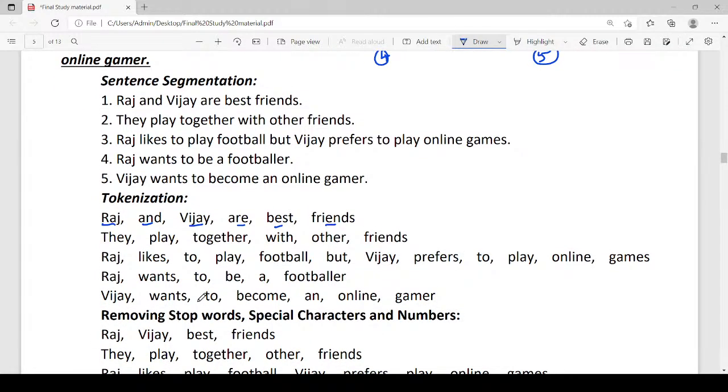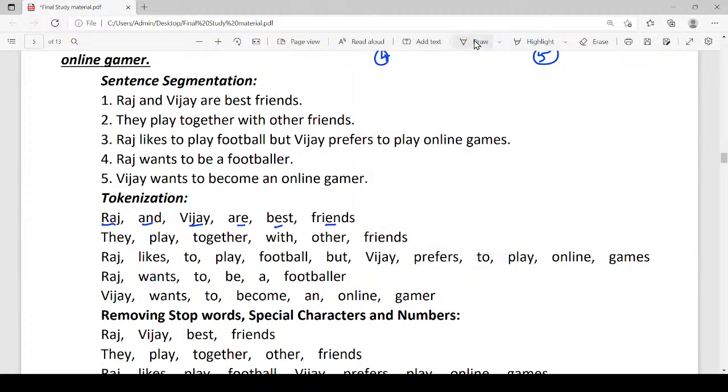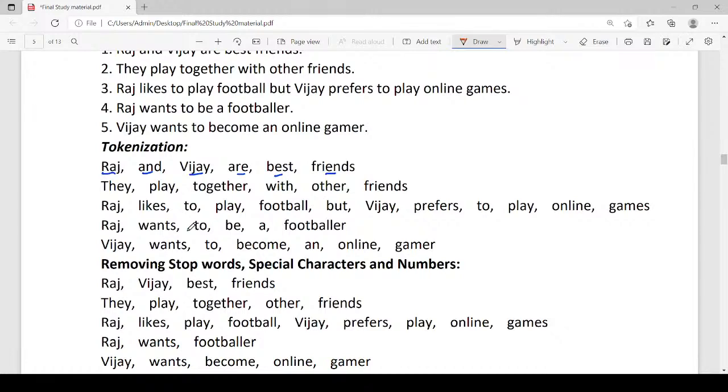Now the next step is removing the stop words, special characters and numbers. Now if I try to remove the stop words, I have a lot of stop words here. So see what all stop words are getting removed. Just for you all to understand, I have removed the stop words for this particular example. Now in the third step, and is a stop word which got removed. Are is a stop word that got removed. So you can check that the stop words are removed over here. Then if you see, they, played, together, with are stop words.